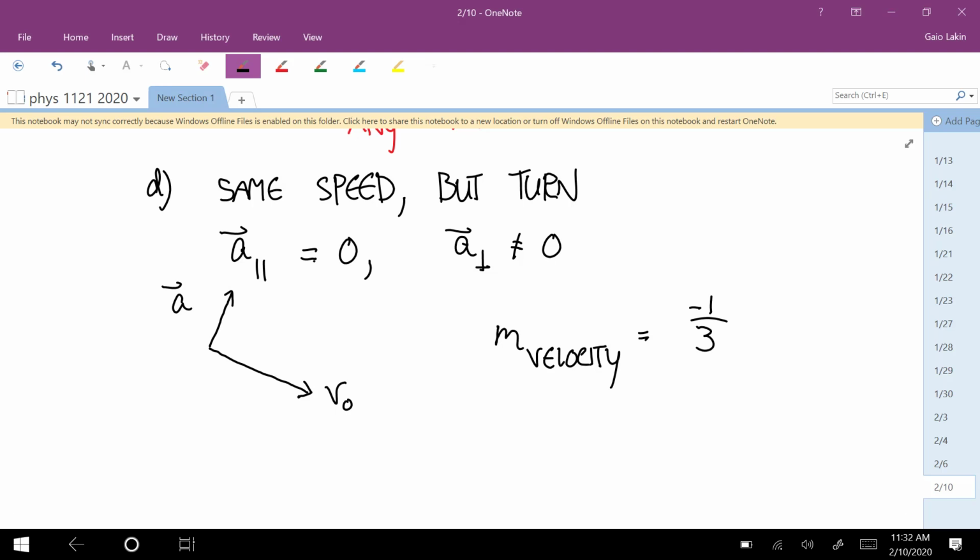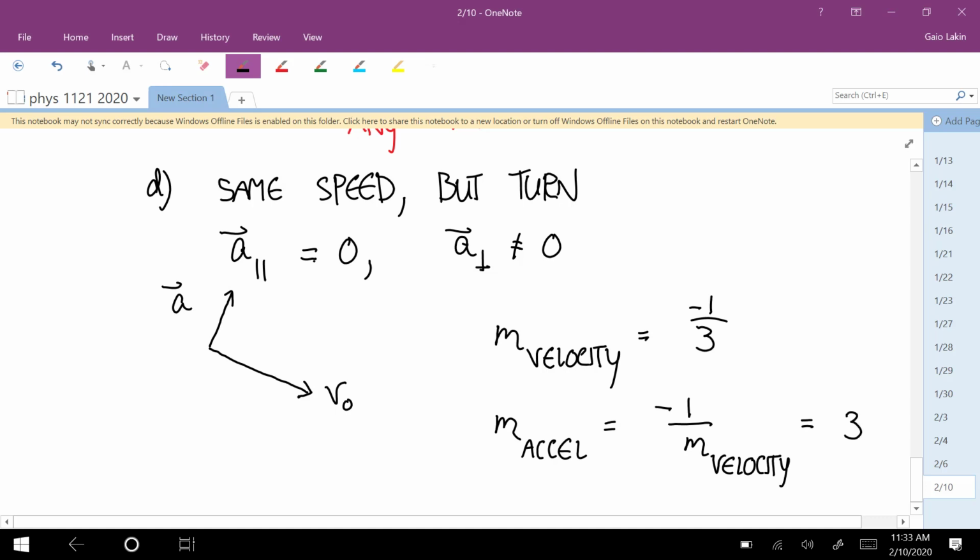And so the slope of something perpendicular, you can do this as just the negative reciprocal. So that's -1 over the slope of the velocity, so +3. Okay, so at that instant, that'll make this object turn but not change speeds.